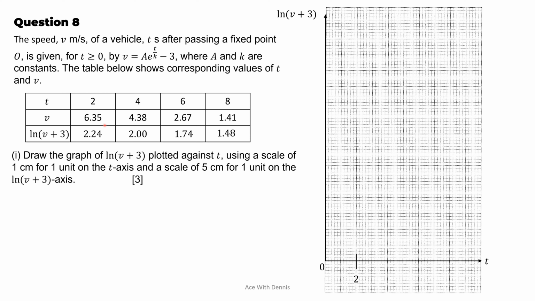For the t-axis, it is 1 cm for 1 unit, which means that 2 cm is 2 units. Hence this is 2, 4, 6, 8. And for the ln v plus 3 axis, it is 5 cm for 1 unit. So this is 1, this is 2, and this is 3.